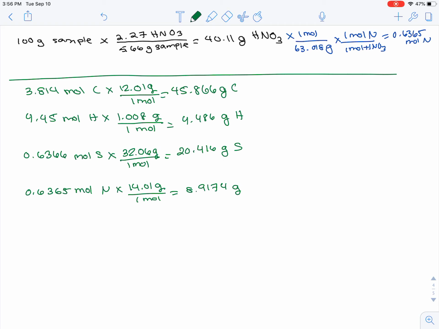So we can say that in 100 grams we have carbon plus hydrogen plus oxygen plus nitrogen plus sulfur, and solve for oxygen by subtracting the sum of carbon plus hydrogen plus nitrogen plus sulfur from 100.